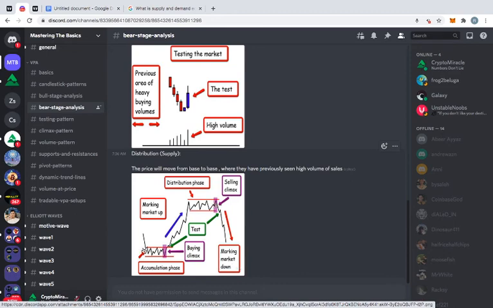So again, accumulation with the buying climax with the wicks in the good volume causing the uptrend, testing phase right here, the testing phase, which basically tells you that, yeah, it's been absorbed, it's been accumulated, we trend upwards, higher highs, higher lows, higher highs, and then distribution phase, ranging, selling climax pattern, lots of volume, lots of candlestick wicks, and downtrend, marking down because they want to accumulate as low as possible.